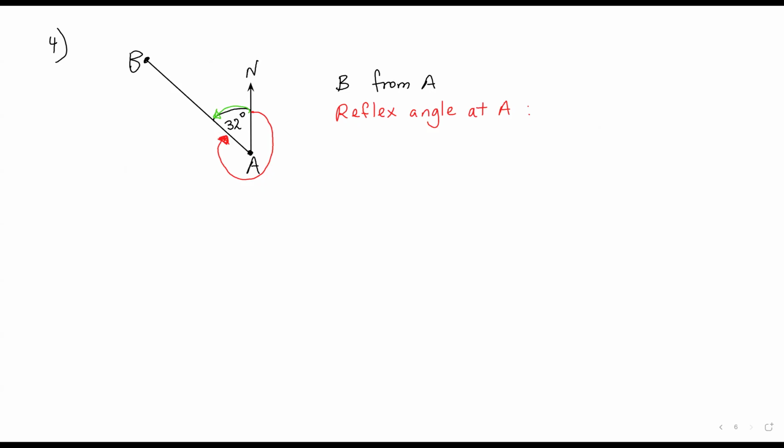As you said, you take 360 away 32, because around that point A you have 360 degrees. So how much is it? 328, miss. That's correct.